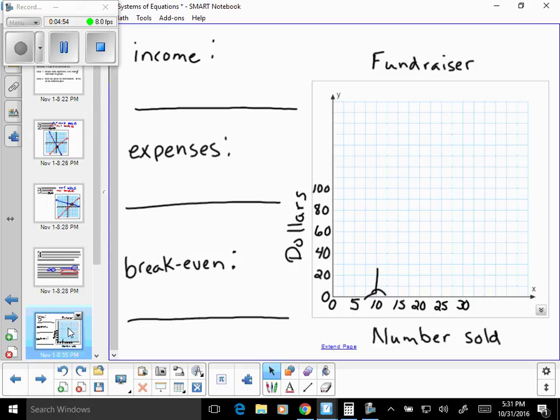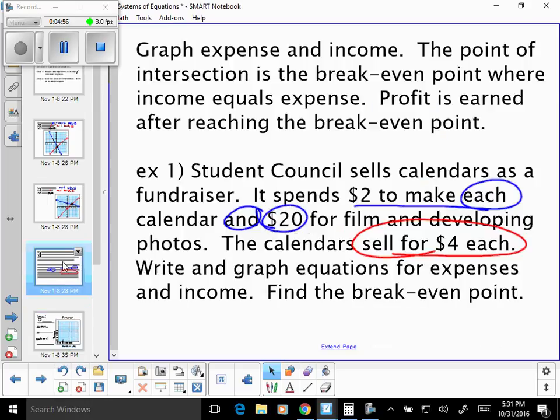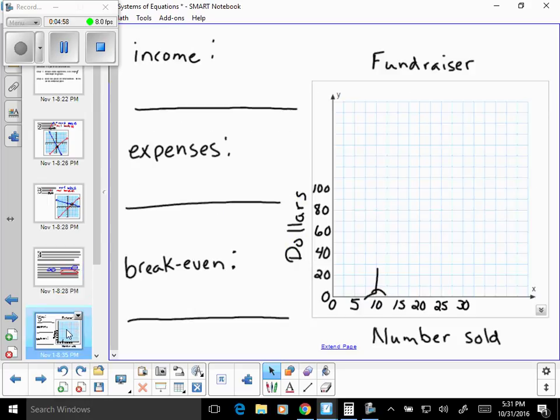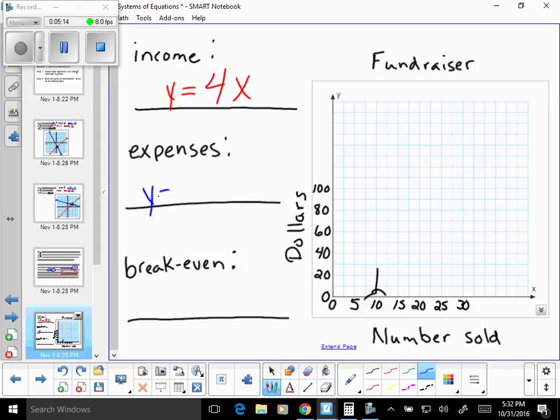Okay, for the income, I think I used red for that, didn't I? Yep. Okay, income. y equals 4x. Usually we use pencil for this. The expenses are going to be y equals $2 for each calendar plus $20 for the film and development.